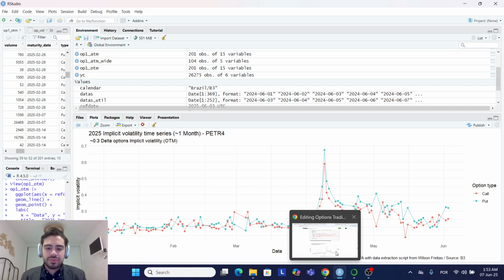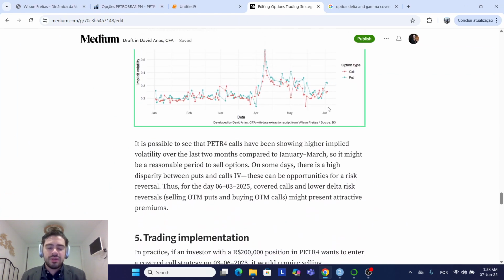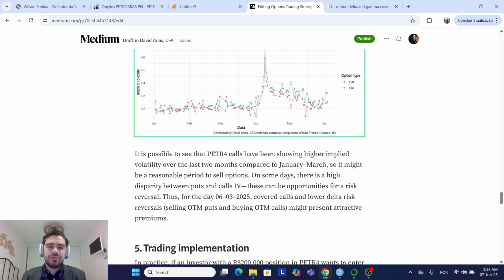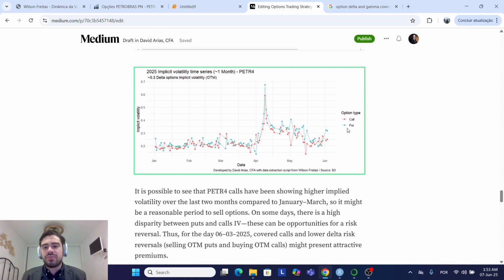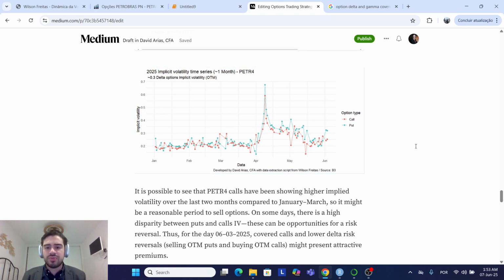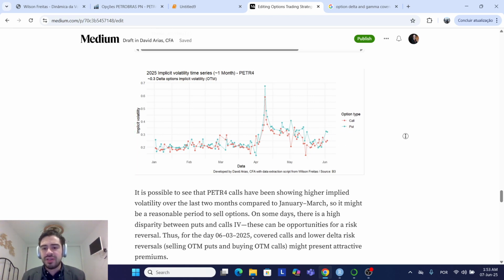So yeah, in summary, you should start your position with a 1 month time horizon, and once a month sell a call to get an extra yield, and position yourself when you have those IV peaks.